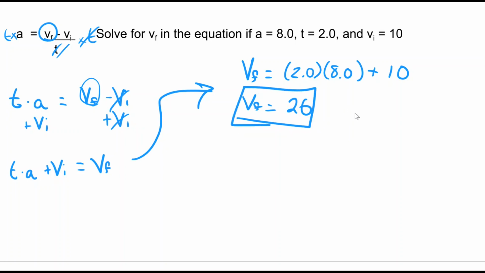Perfect. What I want you to do is pause the video right now and try the practice questions on the next page. Try them out as best you can, and then unpause the video to look at the solutions, or you can just look at the filled out notes to see how I solved them, okay? There's no assignment necessarily today, and we're going to be starting physics properly tomorrow.